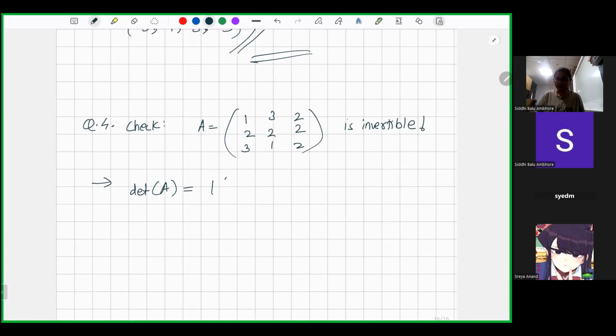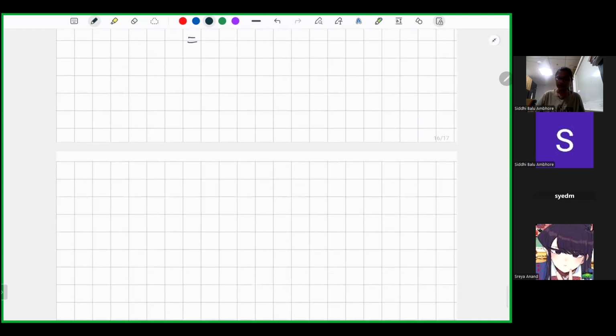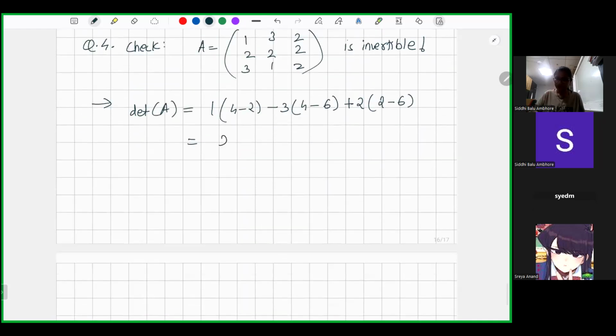The determinant will be 1 times (4 minus 2), minus 3 times (4 minus 6), plus 2 times (2 minus 6). If I'm making many mistakes, please let me know. This will be 2 minus 3 minus 2 plus 2 minus 4, and this will be 2 minus 2 plus 6 minus 8.